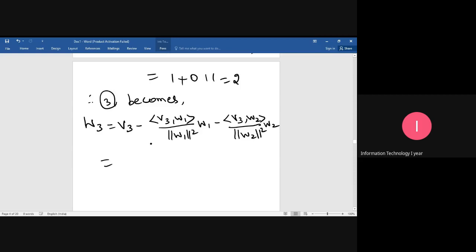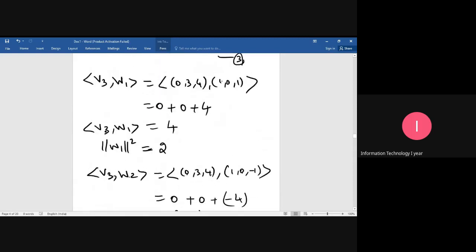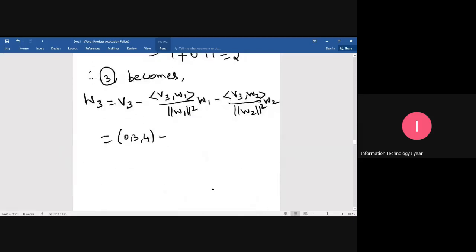V3 is actually 0 comma 3 comma 4, minus the inner product of V3 comma W1, which we calculated as 4, divided by norm W1 square, which is 2, into W1.